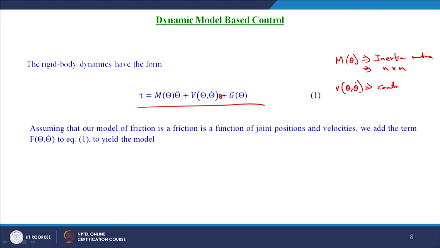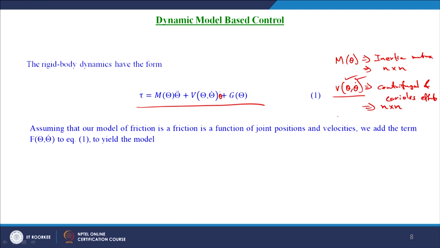This is also of size n cross n. The inertia matrix depends only on the joint angle, not the joint velocity, whereas the matrix which covers the centrifugal and Coriolis effects depends on both joint angle as well as joint velocity.